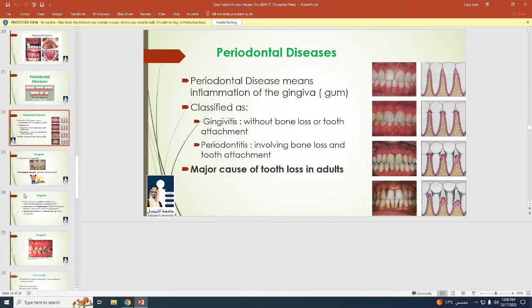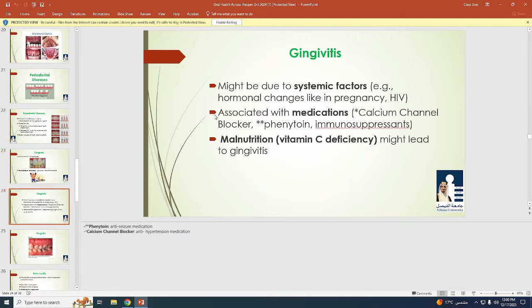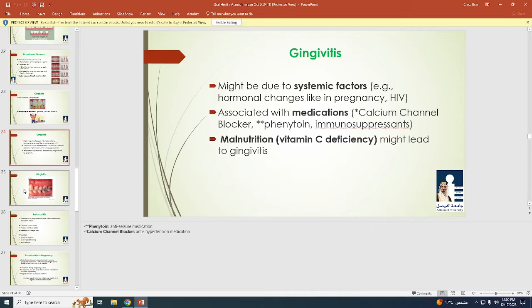Gingivitis may be caused by plaque, or be not plaque induced, maybe genetic or trauma related. It might be related to systemic factors, especially medications, like hypertension medications, calcium channel blockers, immunosuppressants, and phenytoin, an anti-seizure medication.